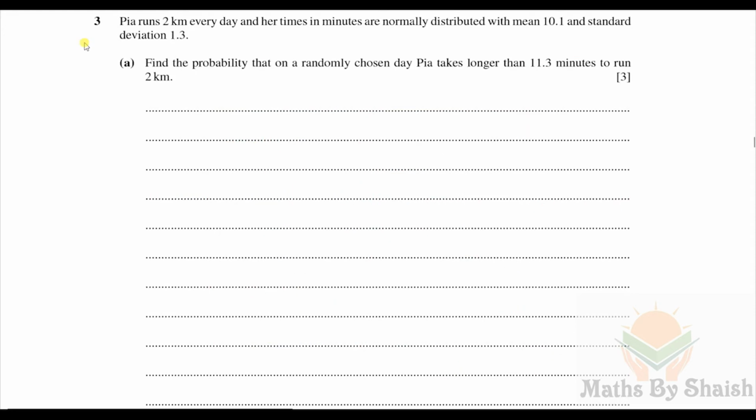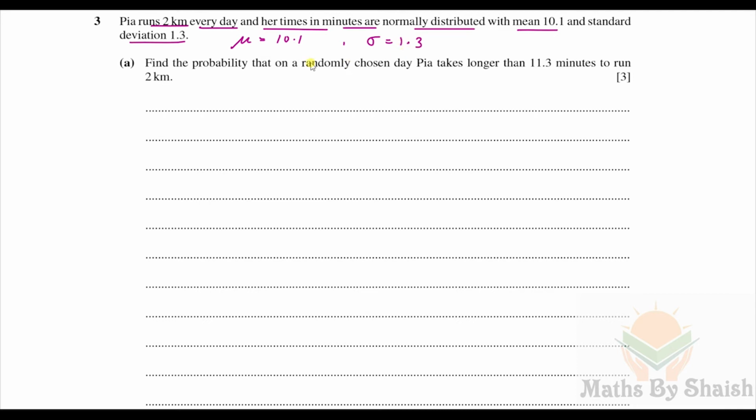Here's the third question. Pia runs 2 km every day and her times in minutes are normally distributed with mean 10.1 and standard deviation 1.3. So mu is 10.1 and sigma is 1.3.